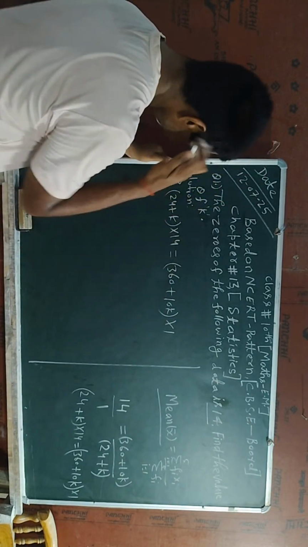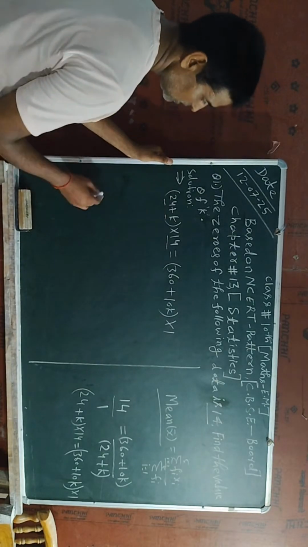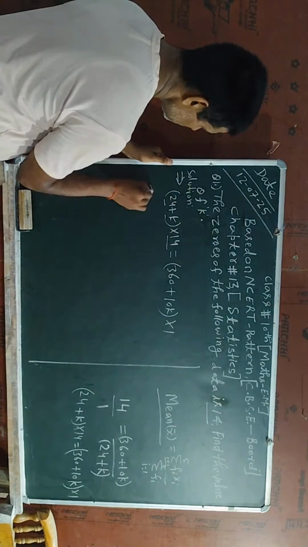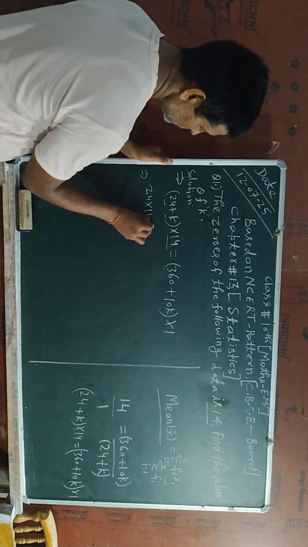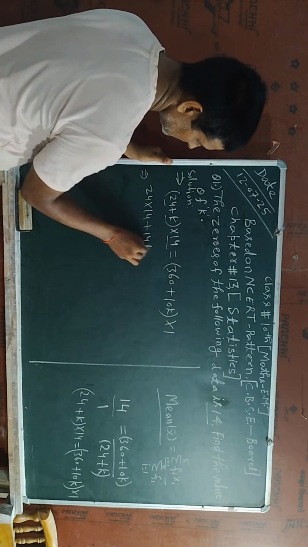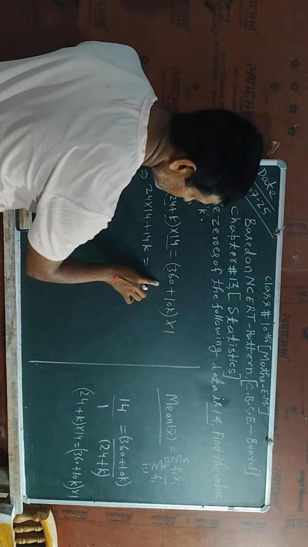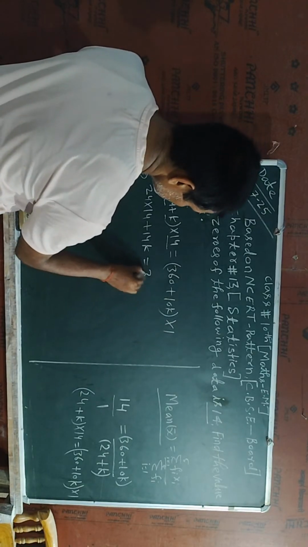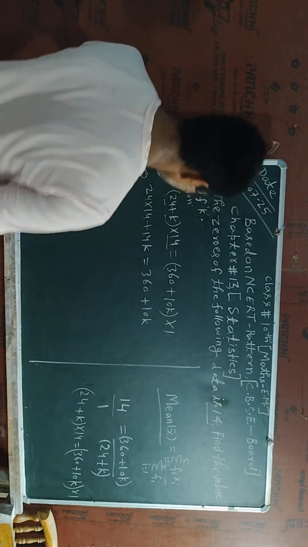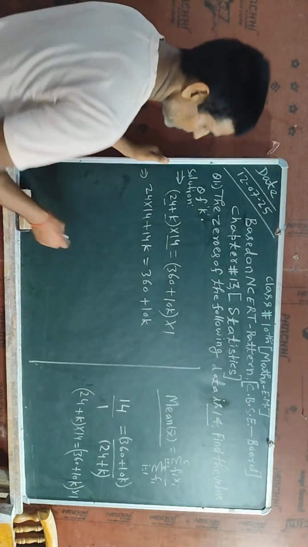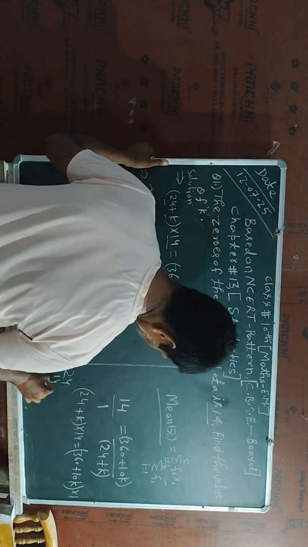So I will multiply this term with this term and also with this term. So 24 into 40 plus 40k, which is equal to, here I am going to multiply 1. After multiplying I will get the same value. So 360 plus 10k after multiplication with 1. Now here I am going to multiply 24 into 40.